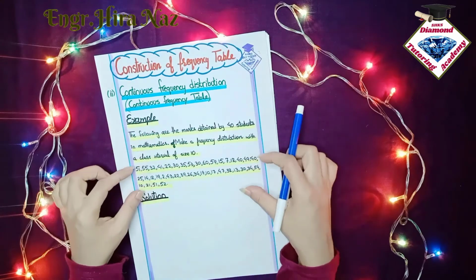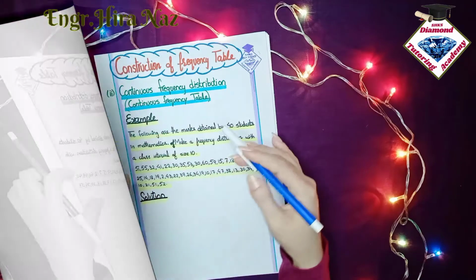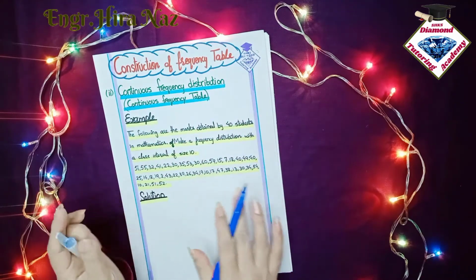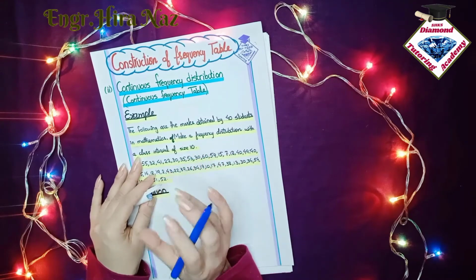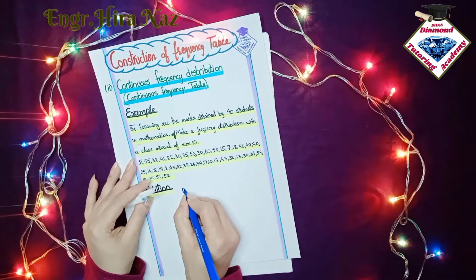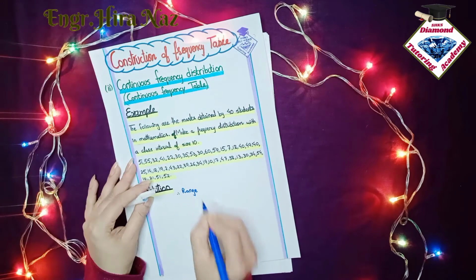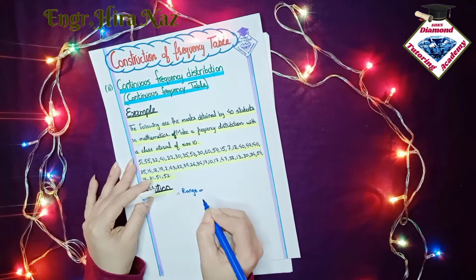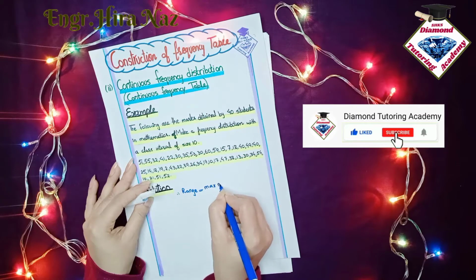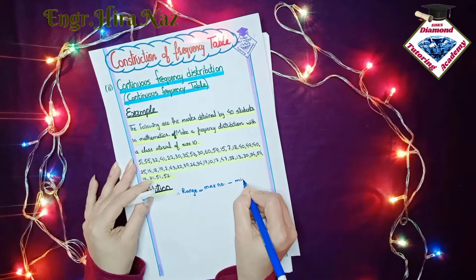Here we are given some scattered data and we are asked to construct a frequency table. As the data is continuous, first we have to find out the range, which is basically the difference between the maximum and the minimum value. The formula for range is maximum value minus minimum value.